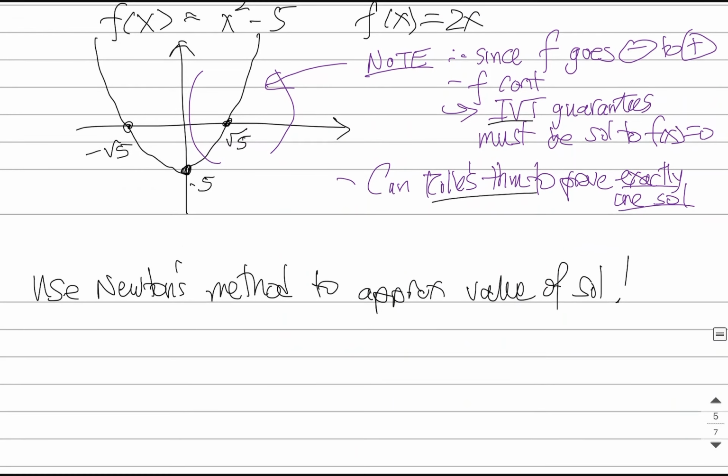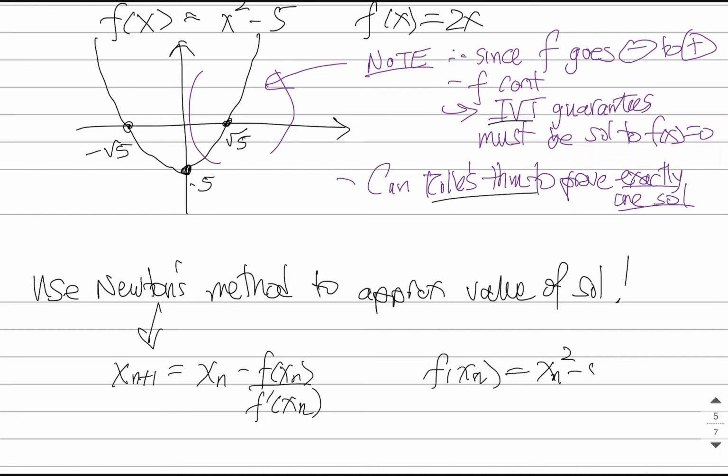So Newton's method says this, right? It's based on linear approximations, and it essentially boils down to a formula. It's just you solving the equation of a linear approximation equal to 0. Now we know that f of xn, our original function, will be xn squared minus 5. We know that f prime of xn will be 2 times xn.